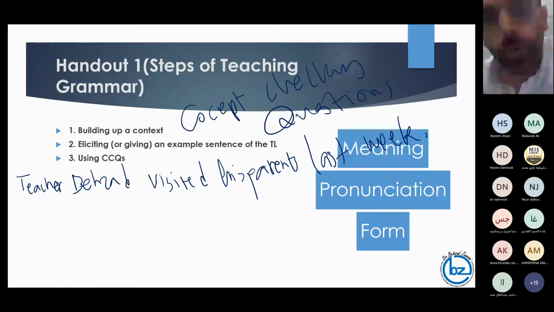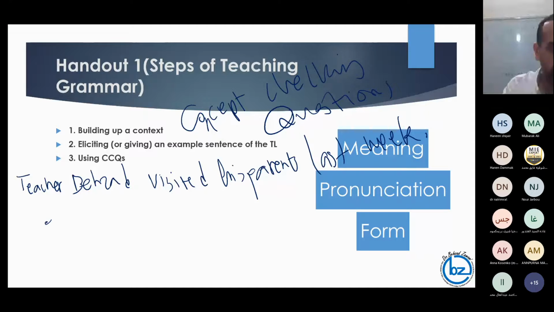You want to check if your students can understand the concept or not. So I want to make some CCQs from this sentence. Did teacher Behzad visit his parents last week?